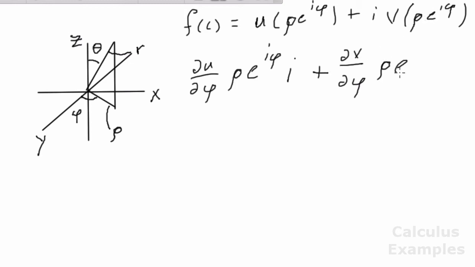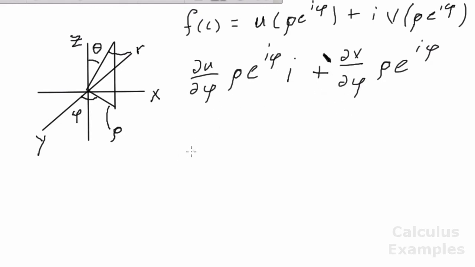It'll be rho e to the i phi times i. Now, oops, there should have been an i out front already. Now we're going to combine these two i's together to form a negative 1. So there was an i there already, and the derivative of the argument to v yields an i, which we're going to combine together into an i squared, which gives you negative 1.